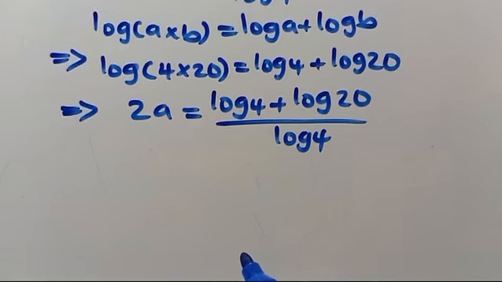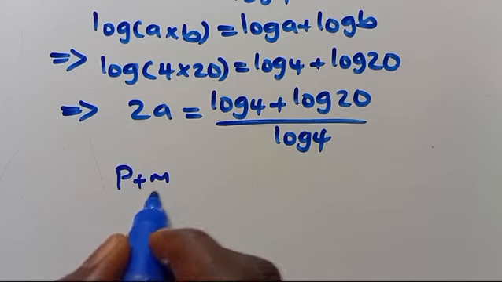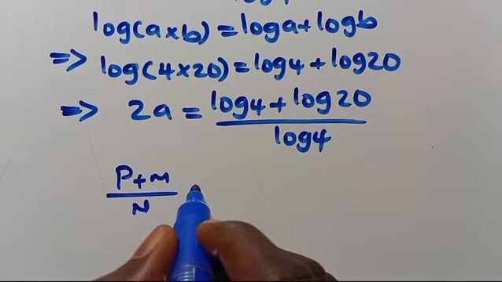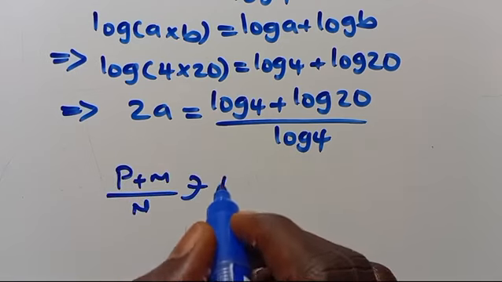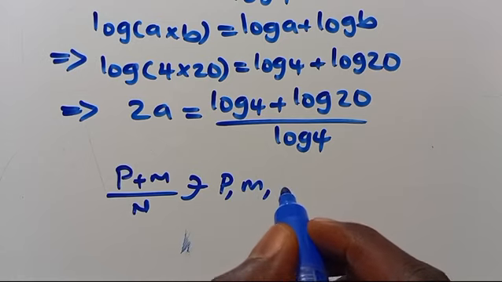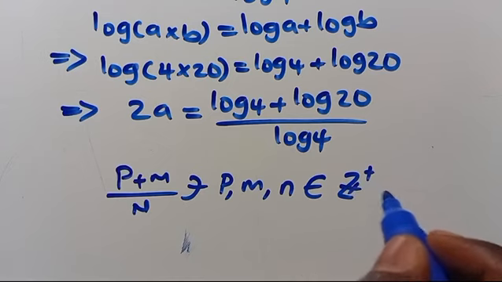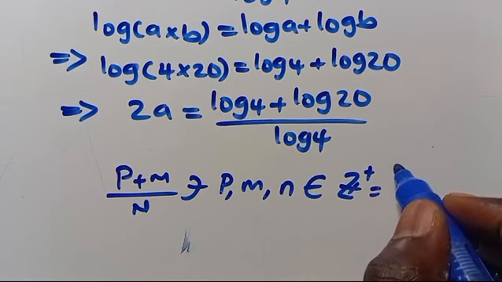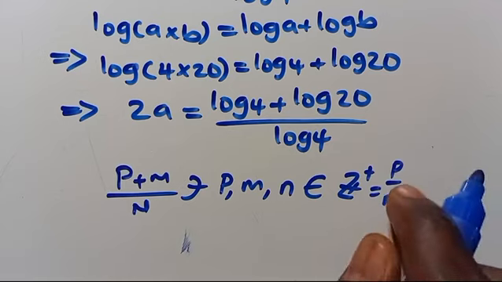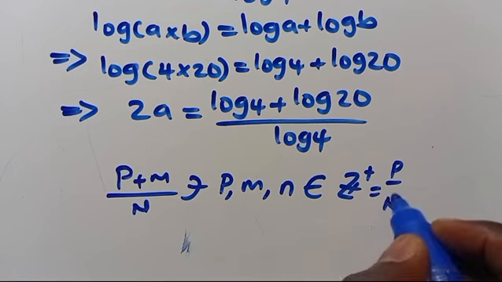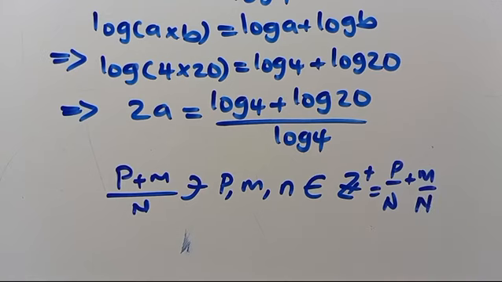Now, let us recall that when we have p, m, n, all positive integers, p plus m over n can be written as p over 1 plus m over n, splitting the fraction.